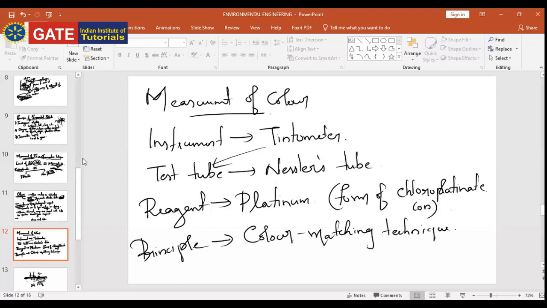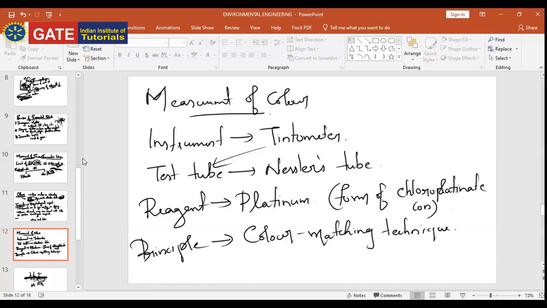A video explanation will be given to you on how it is happening. I have videos for it, and I'll show them and explain after studying all the parameters, like how turbidity is done, how color is measured, how suspended salt is measured. I'm collecting videos for all of these, and I'll show them all together afterwards.